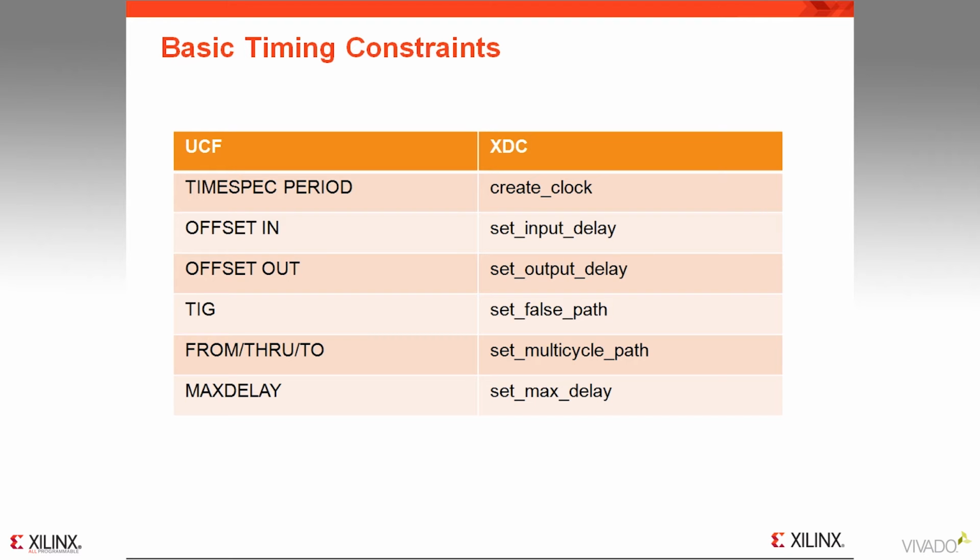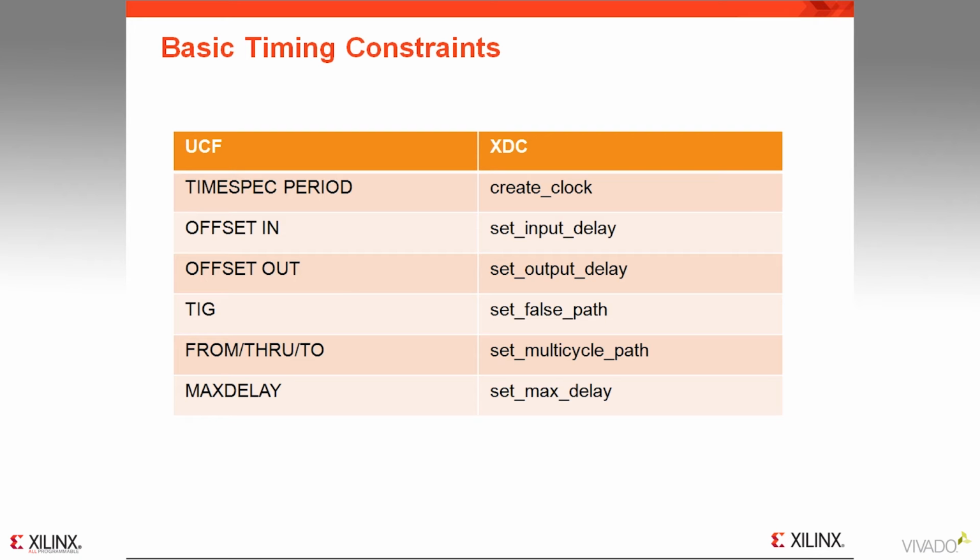In XDC, the equivalent are set_input_delay and set_output_delay respectively, to tell the tool what are the data arrival and required times external to the FPGA device. There are also many exception constraints which override or change the analysis on specific paths. The most important is the timing ignore constraint, or TIG, in UCF. In XDC, this is achieved with the set_false_path constraint.